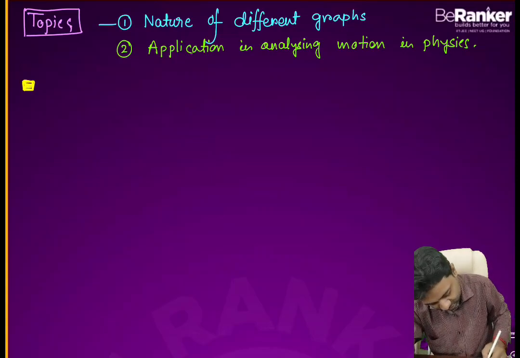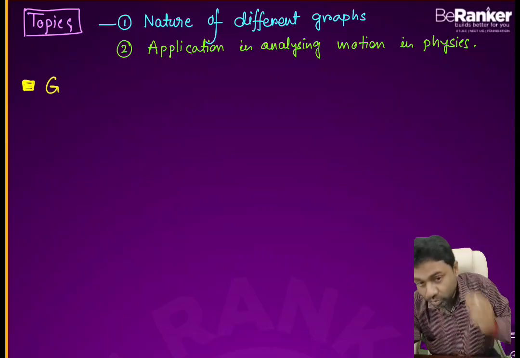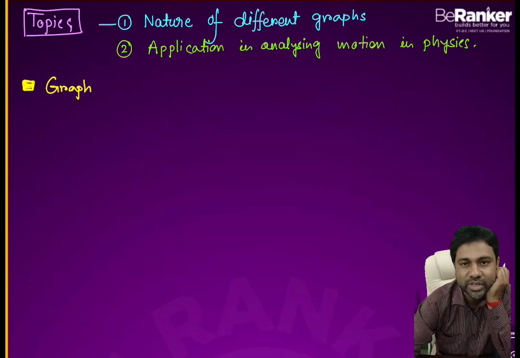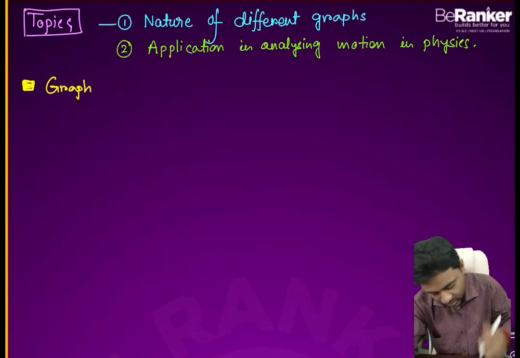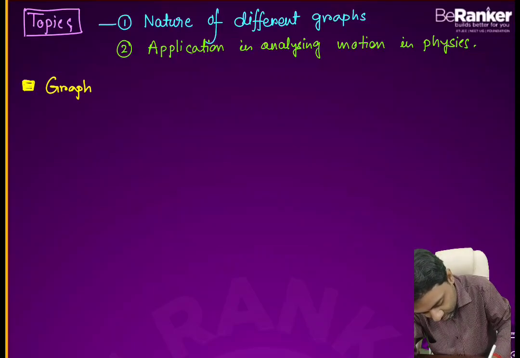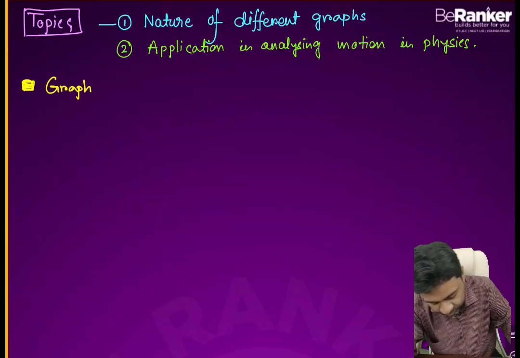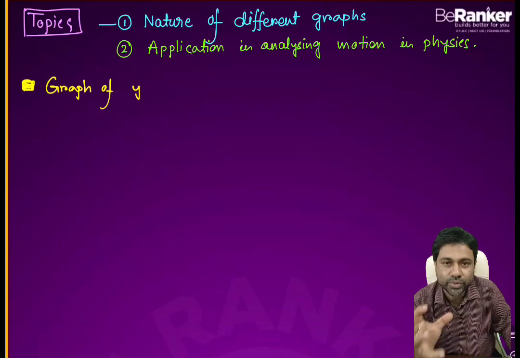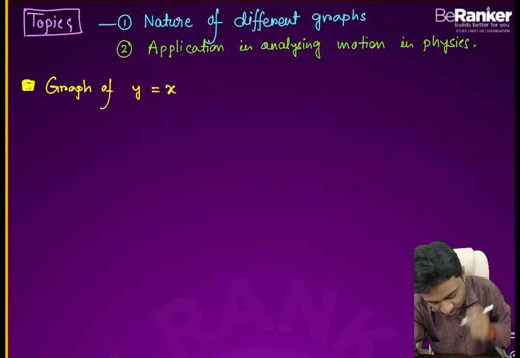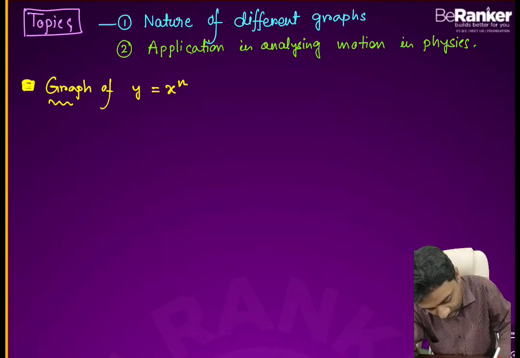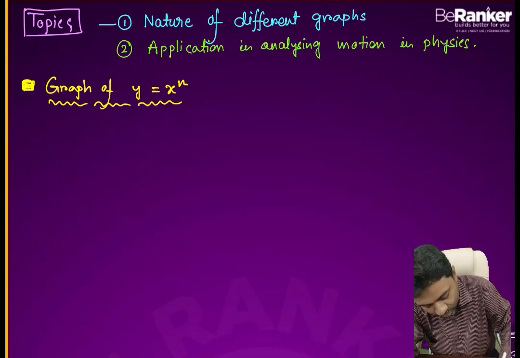So first, let's start with shapes of different types of graphs. We will need this knowledge of coordinate geometry at first. First, we will learn the graph of the equation y equals x to the power n.